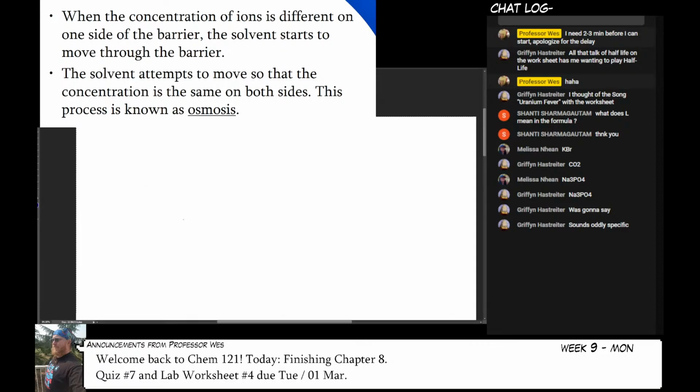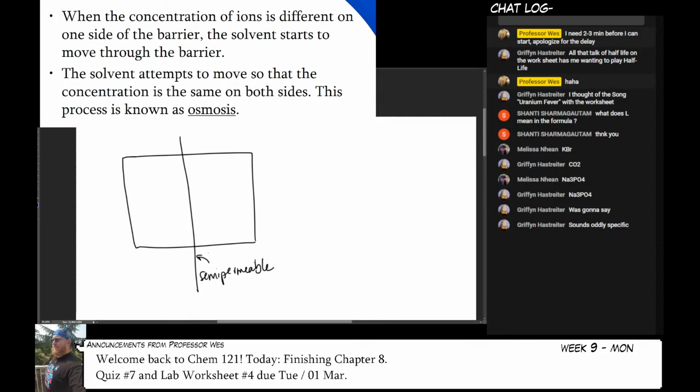All right, so what I'm going to draw is just a generic cell that has been split in the middle by a semi-permeable membrane. So this barrier is semi-permeable. And what this means is that water, which I'm going to illustrate in blue, can move back and forth through the membrane.